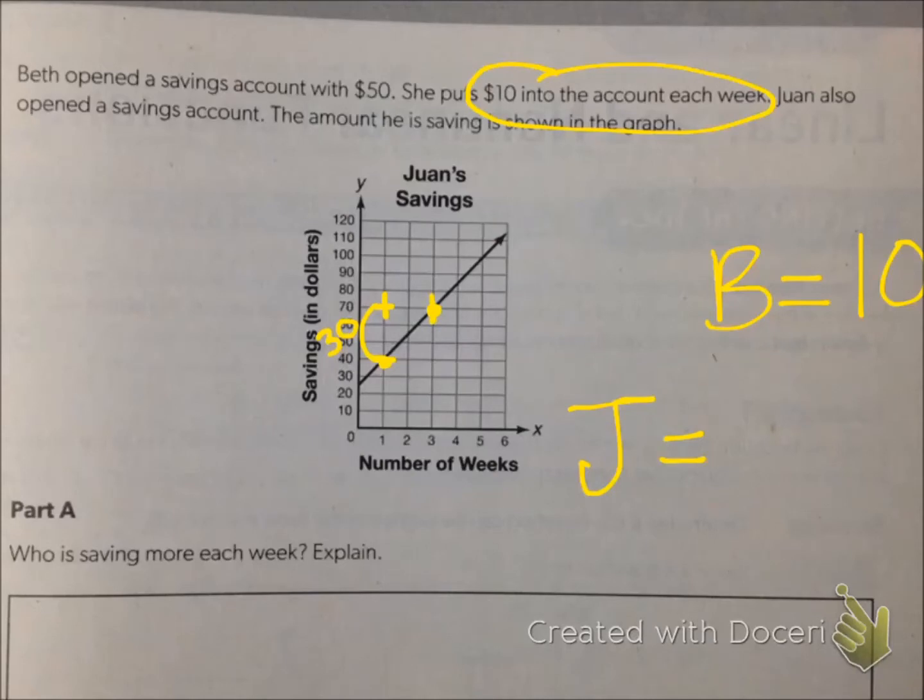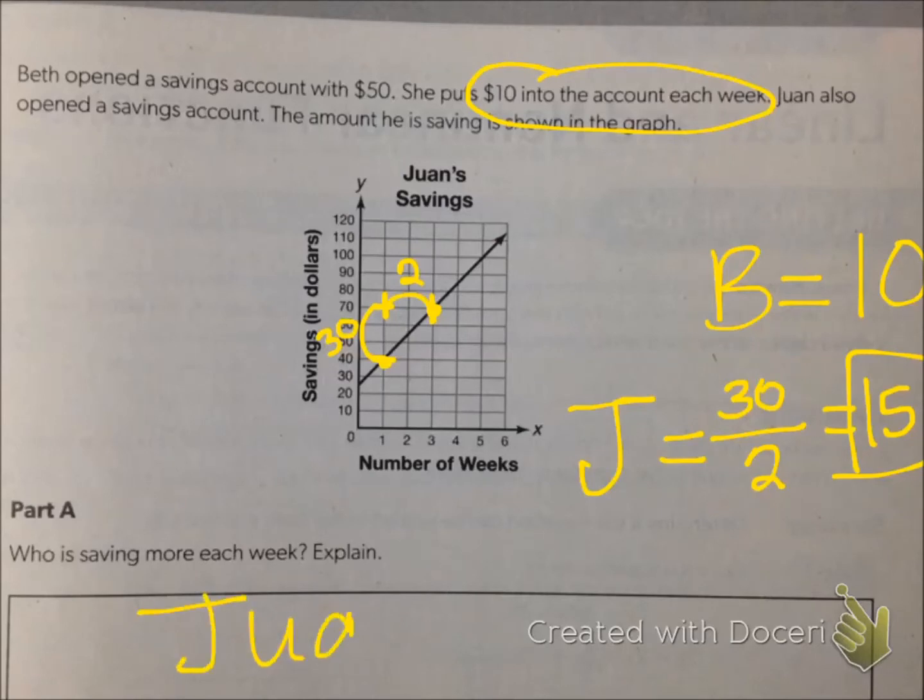I go over to 3. That's 2. So rate of change is rise over run. So I'm going to say 30 divided by 2, and that simplifies to 15. The question asks who is saving more each week. 15 is greater than 10, so Juan is saving more.